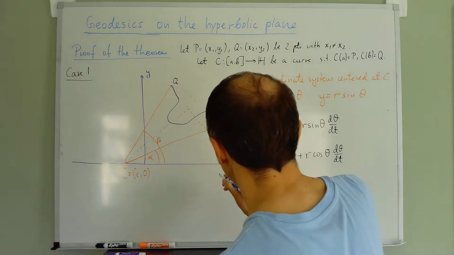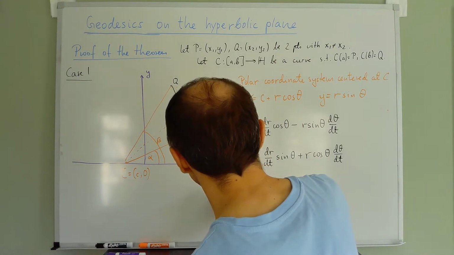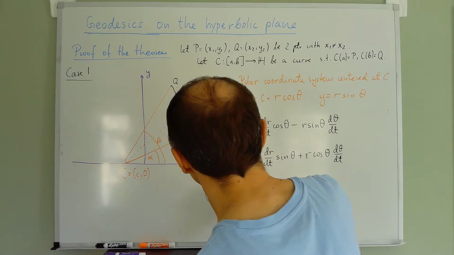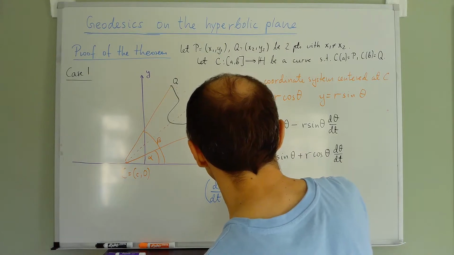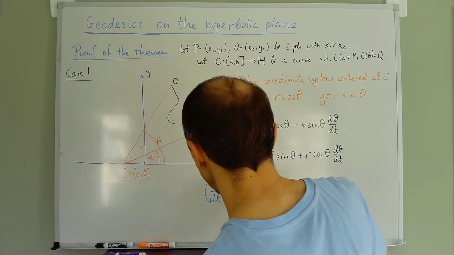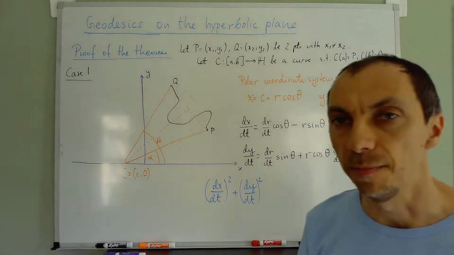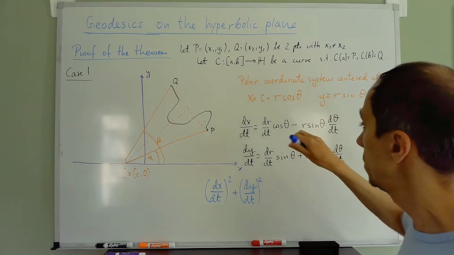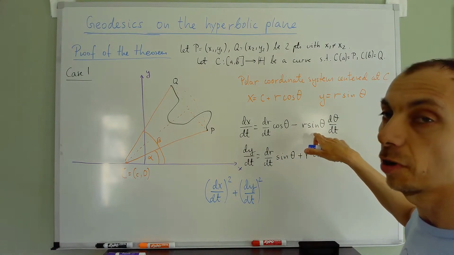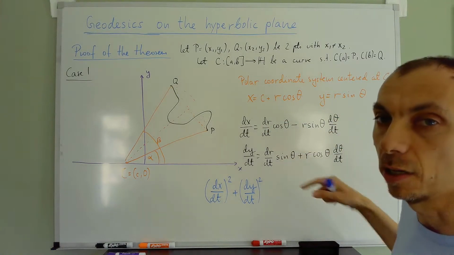So what I need to compute is dx over dt squared plus dy over dt squared. So I need to square this, square that, and add them. So let's look at various parts here. Squaring a difference means it's this squared plus that squared plus 2 times this times that, and same here.